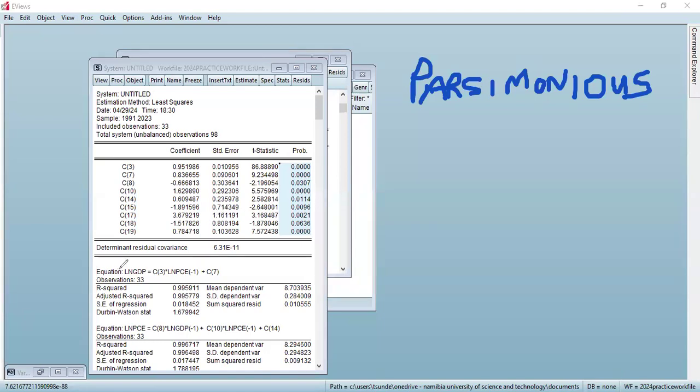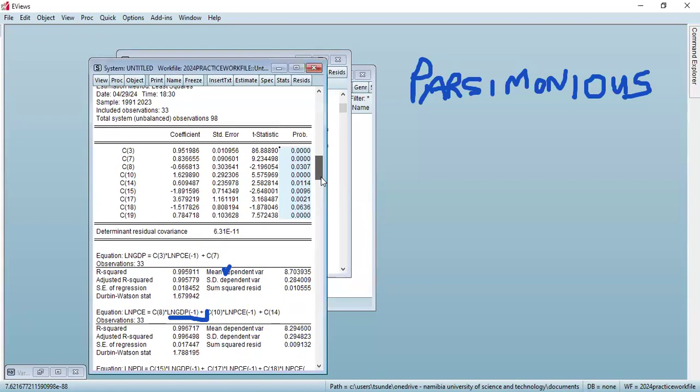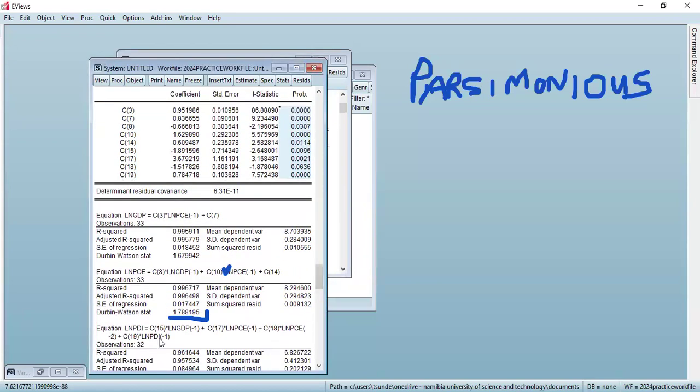So let's look at the first equation, which is the equation that we remain with. And look at the Durbin-Watson statistic. Does it suggest autocorrelation? I'm not sure. We can test that. Then if you go to the second equation, the Durbin-Watson is 1.7. This suggests there is no autocorrelation.